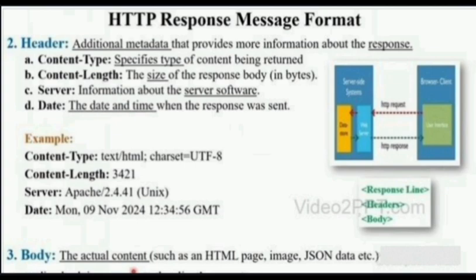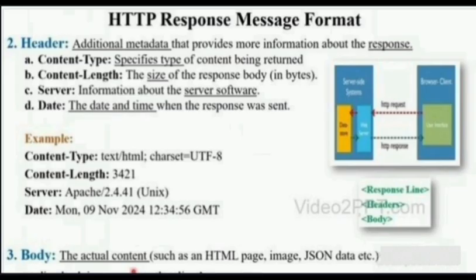Content-Length. This specifies the exact size of the response body in bytes, allowing the client to know when the entire response has been received. Server. This provides information about the server software that generated the response, such as Apache or Nginx. Date. This indicates the date and time when the response was sent by the server.